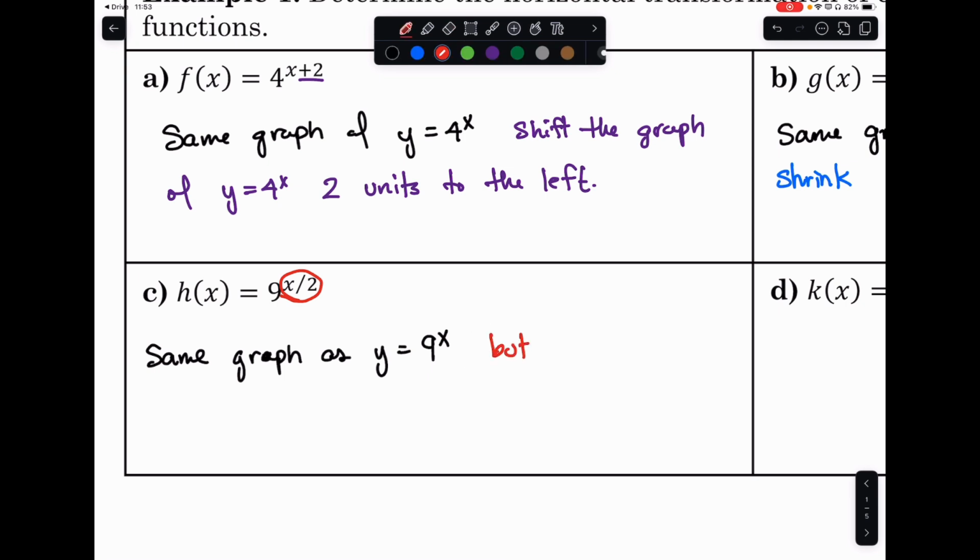It's going to be another horizontal dilation. x divided by 2 is the same thing as saying 1/2 times x. So h of x is going to be the same as y equals 9 to the x, but horizontally stretched by a factor of the reciprocal of 1/2, which is 2.